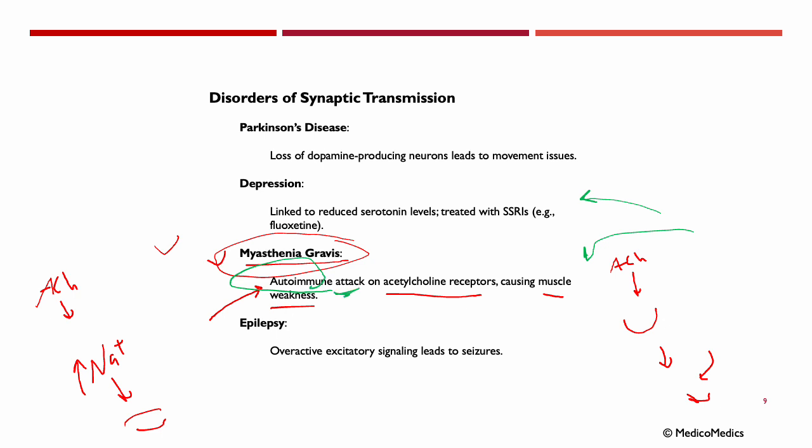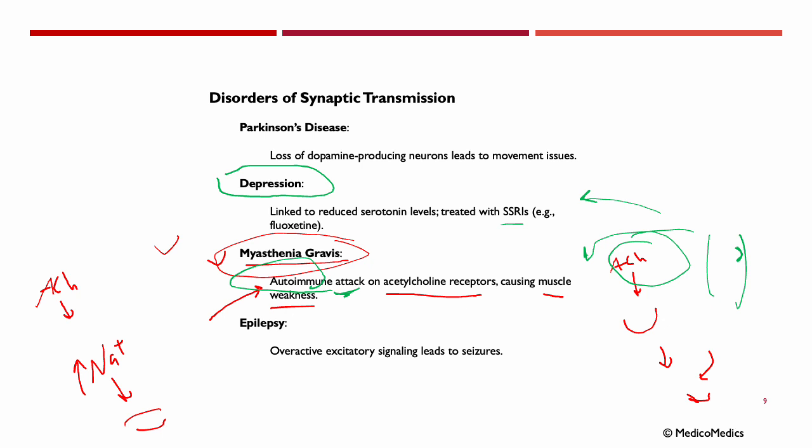But the idea of giving acetylcholinesterase inhibitors is more specific to what we're talking about right now. Because similarly to us wanting to increase the availability of serotonin in the synaptic cleft by inhibiting the reuptake of serotonin, in the same way we want to increase the availability of acetylcholine in the synaptic cleft so it can bind with its receptor.